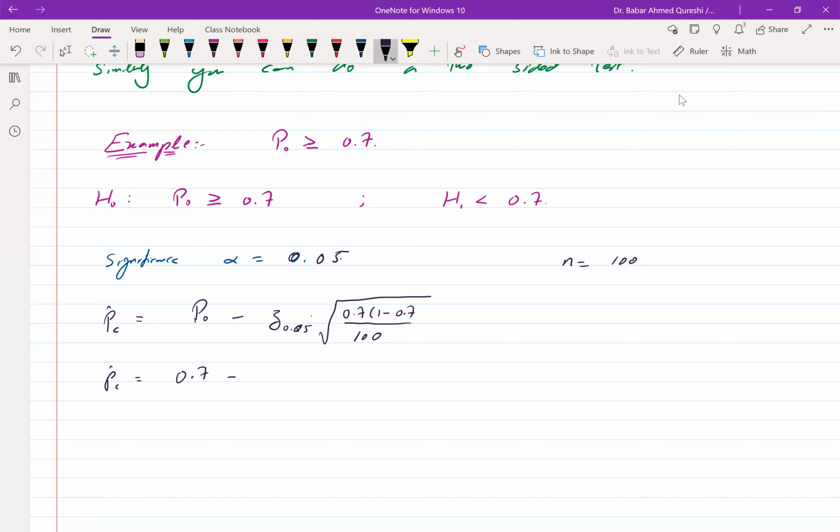So we know that if I compute this, it's 1.645. So I get 1.645, and this number gives me the square root of 0.7 into 0.3 divided by 100, which gives me 0.04558.